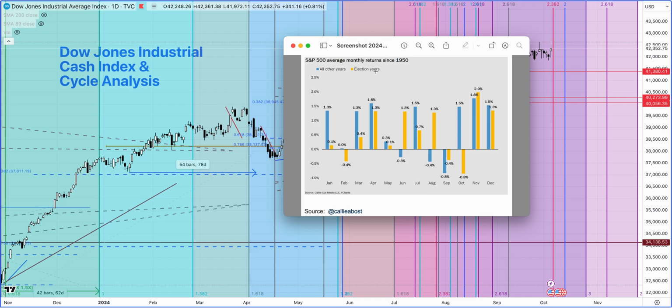So if we just focus on the election years, what we can see is the month of October is actually lost about 0.8%. So less than 1% is the kind of average return for the election years. And also the month of September, according to this statistic, is down by about half a percent.